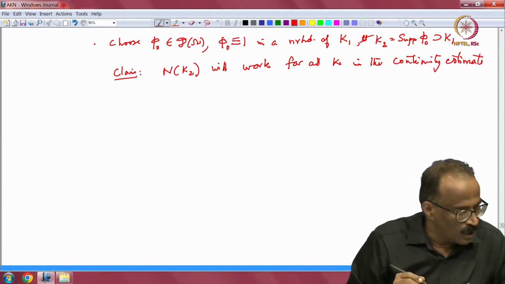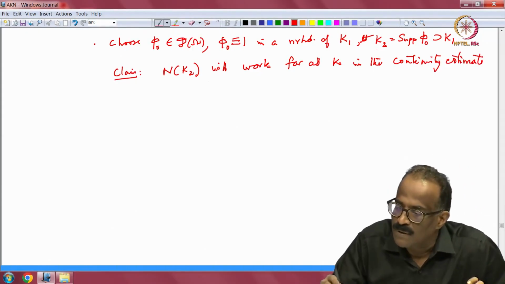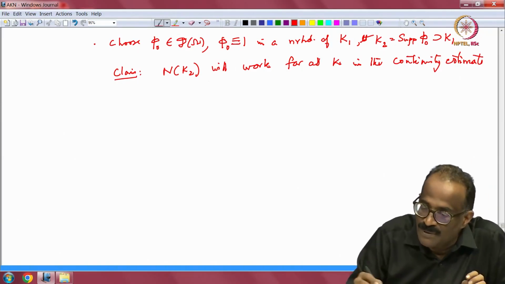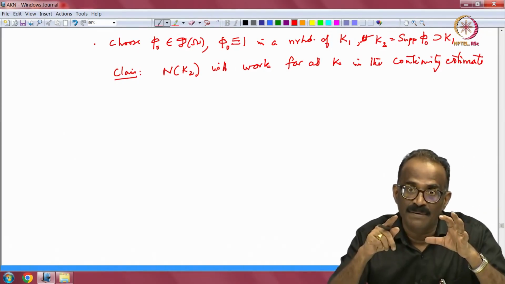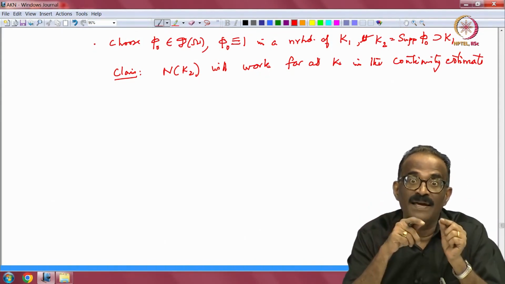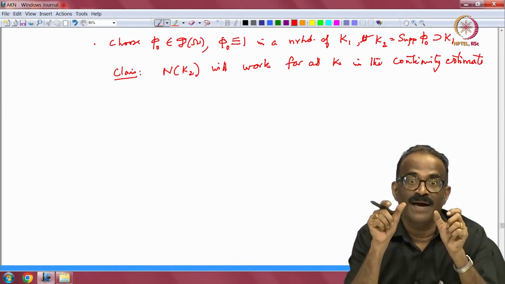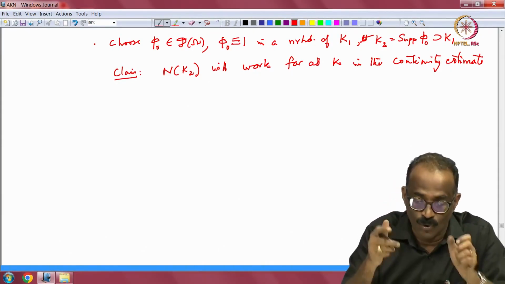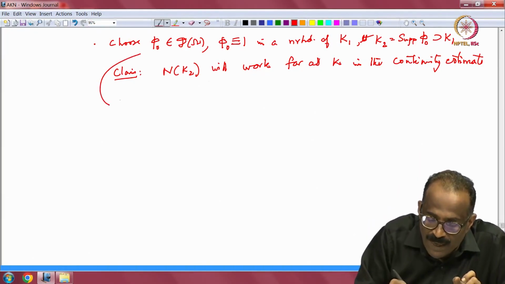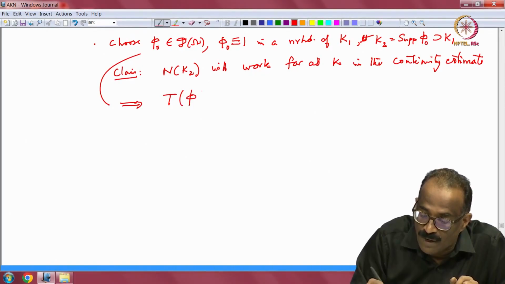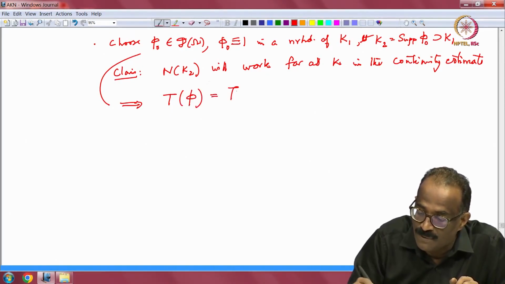So, how do we prove that one? K2 is nothing but the support of phi naught. Since phi naught is identically 1, from our previous class observation, and phi and phi naught both have the same thing on K1, in a neighborhood of the support, this will immediately imply that T phi is equal to T phi naught.